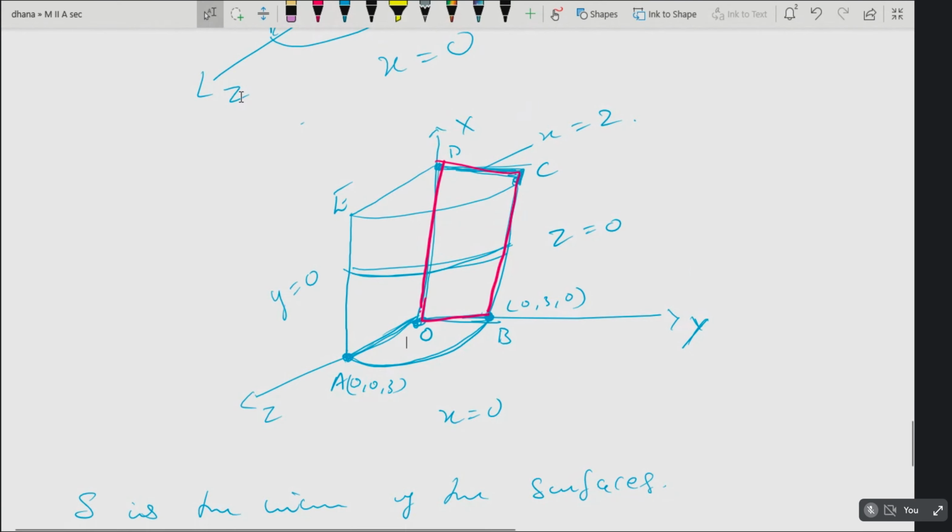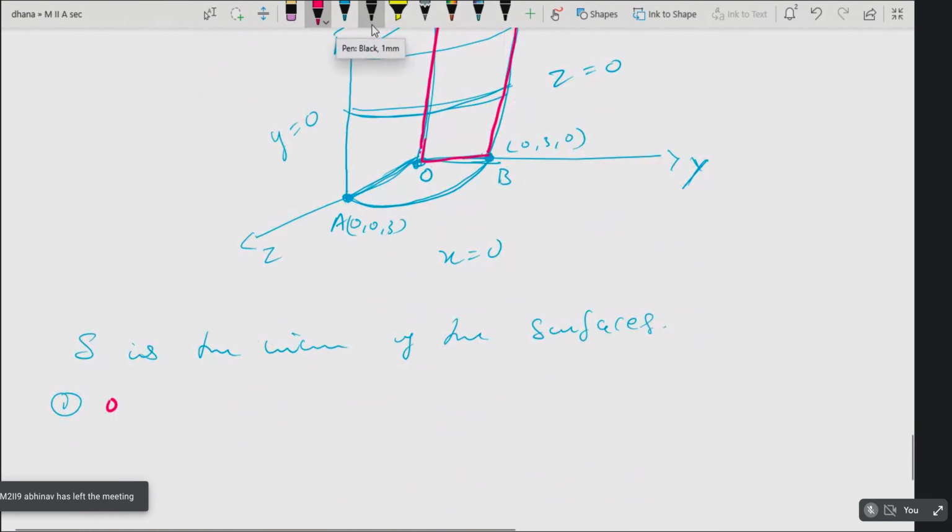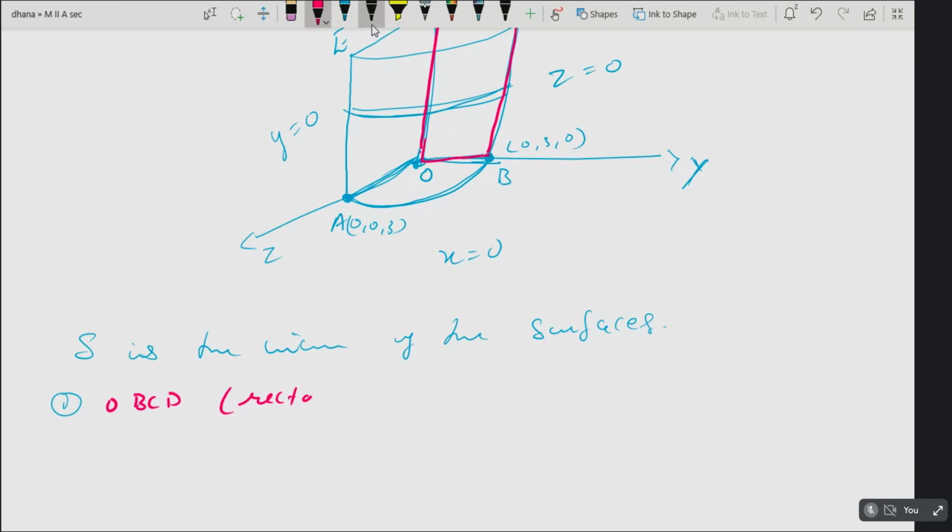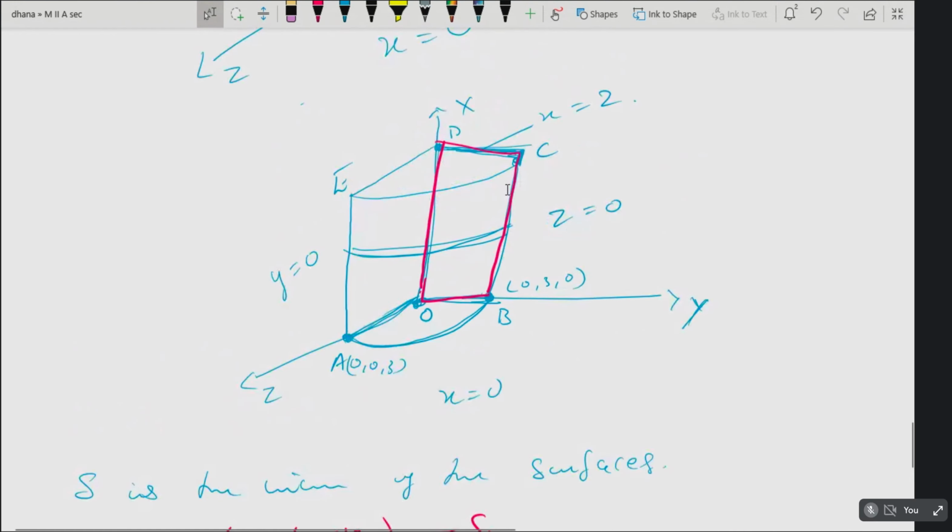That is my first surface. And what is this? This is a rectangle. Is it or not? I am naming this surface as S1. Is it a closed surface or not? Yes, ma'am.